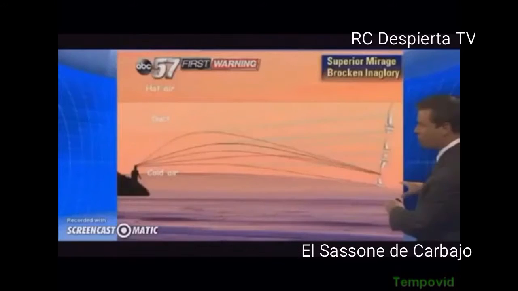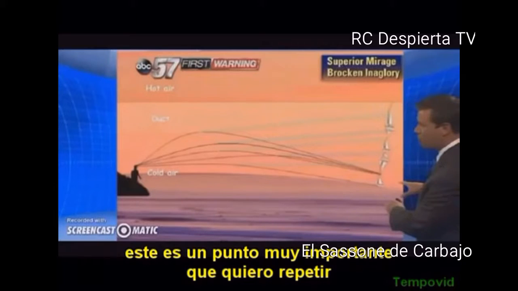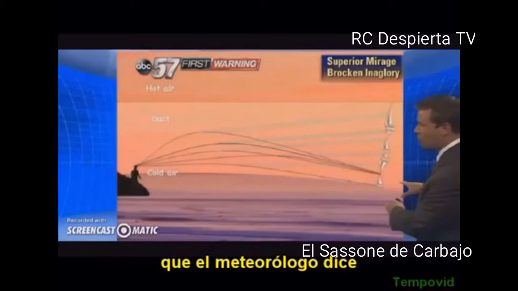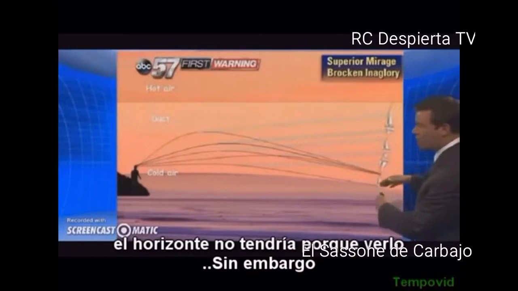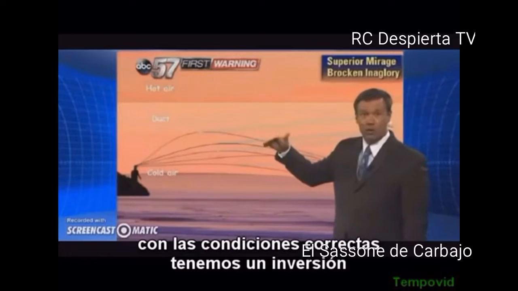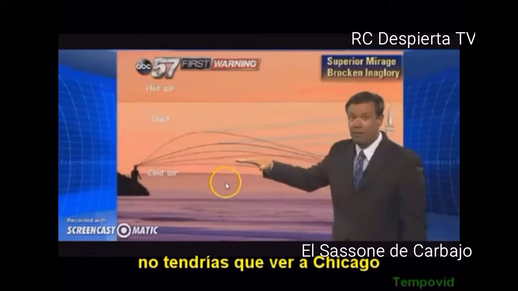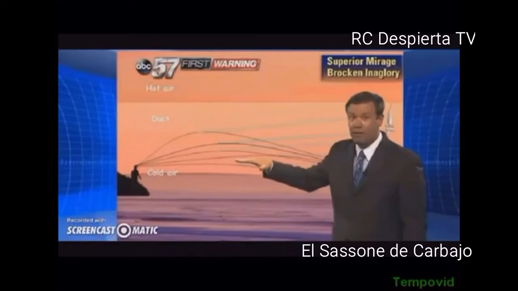But instead... Now, before I proceed with the video, this is a very important point I want to replay, what the meteorologist says. The horizon should not allow you to see it. However, with the right conditions, we have an inversion. We have cold air. Okay, he just stated that because of the horizon, the curvature basically, you shouldn't be able to see the Chicago skyline.